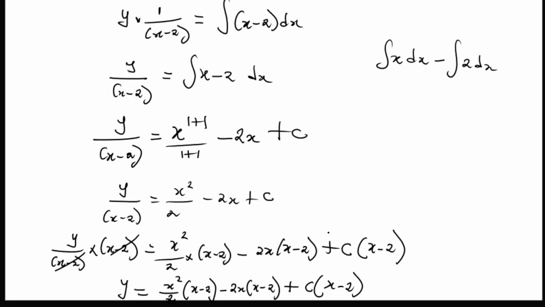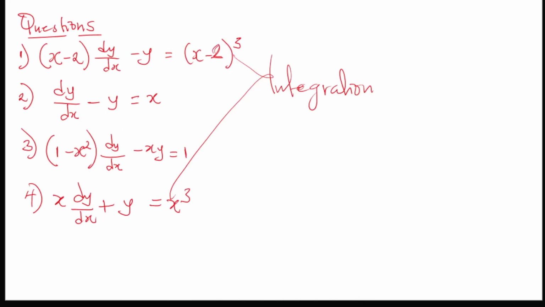So you can factor out x minus 2 as the case might be, such that when you expand, you still arrive at this. But better still, you can leave your question in this manner. So basically, you've solved your question using the integrating factor method to solve your first question, which was x minus 2 dy over dx minus y is equal to x minus 2 raised to the power of 3.